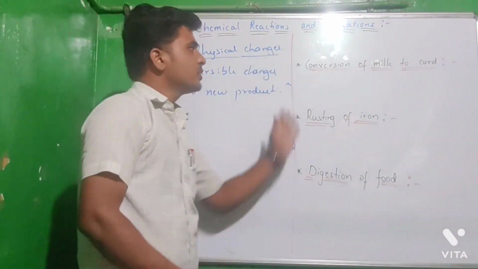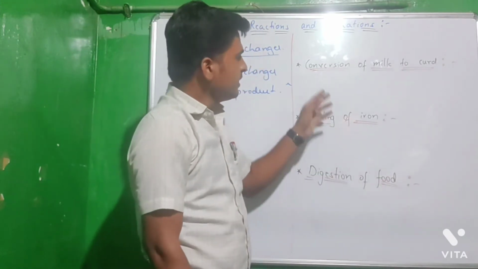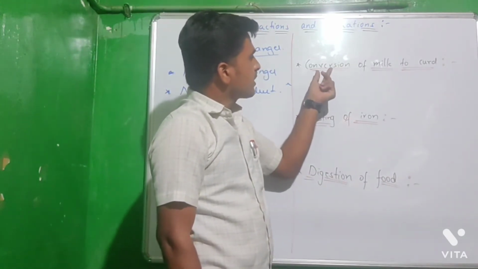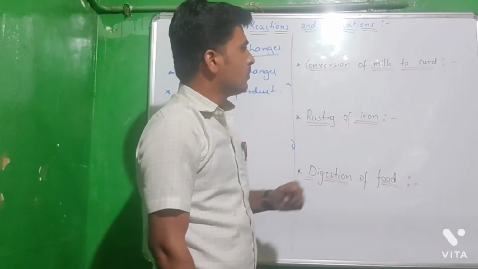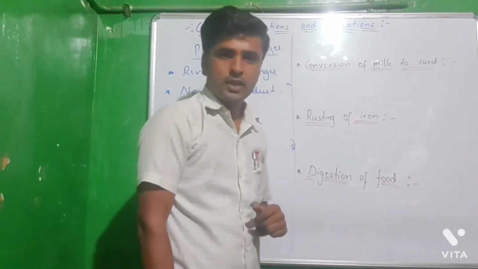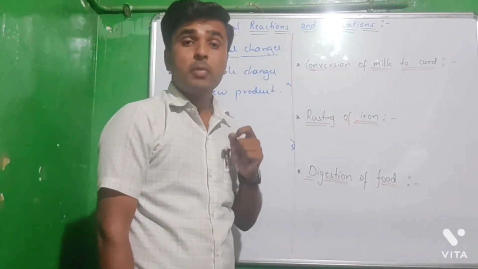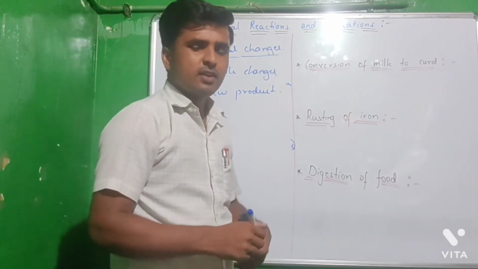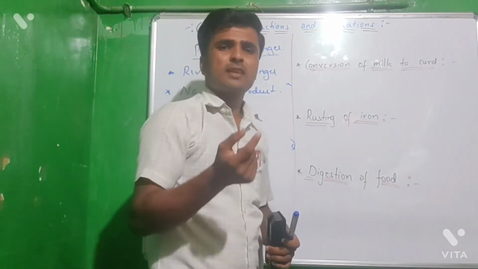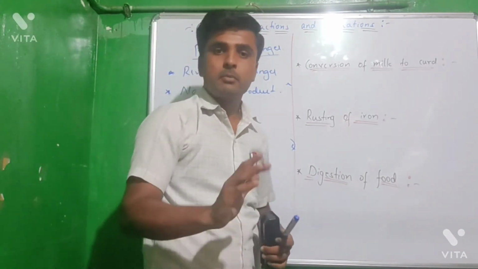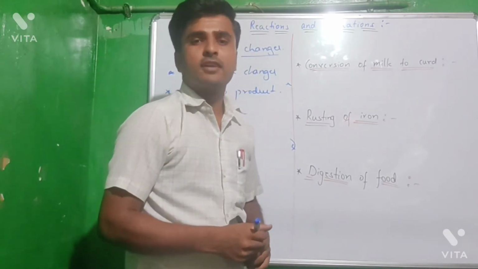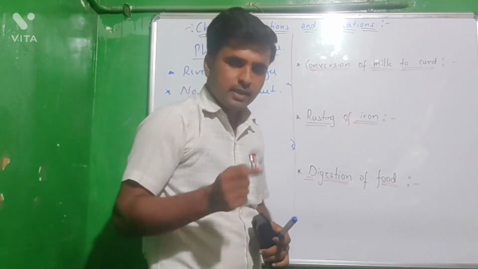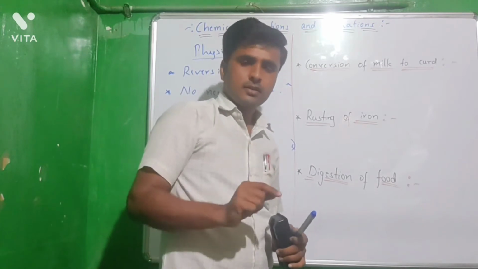I will come to this side. Here, conversion of milk to curd. Listen here. If you drop a certain amount of salt into the milk, what will happen? The milk is converted into curd. Can we get milk from the curd? Not at all.